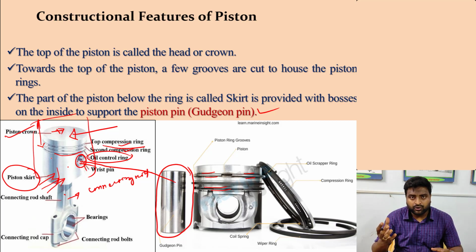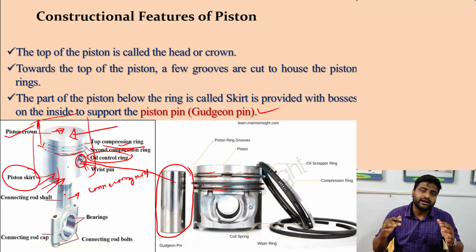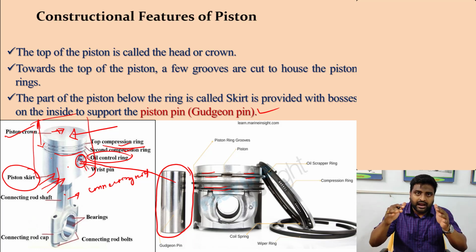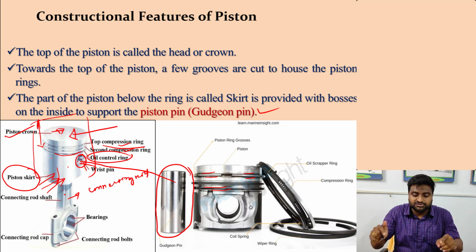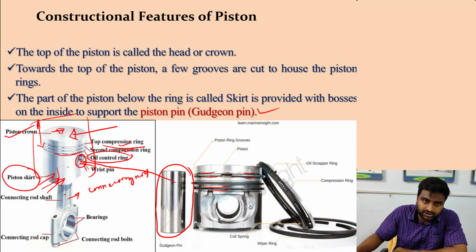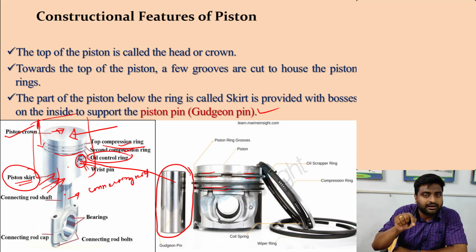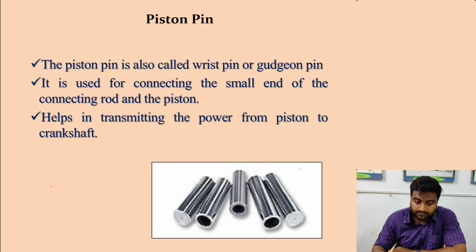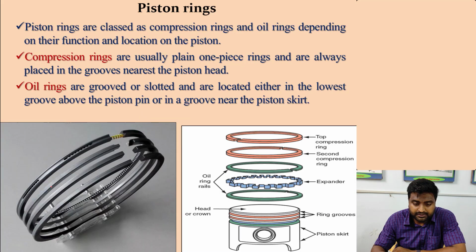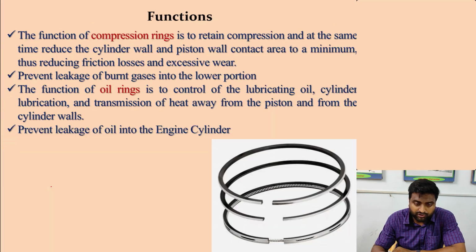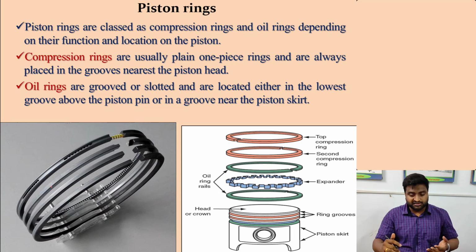The skirt is made in such a way that it can take side thrust and maintain the round position of the piston so that the shape will not be distorted. That's why the skirt is given, so that the side thrust from the cylinder onto the piston can be taken. I have told you the function of the skirt.